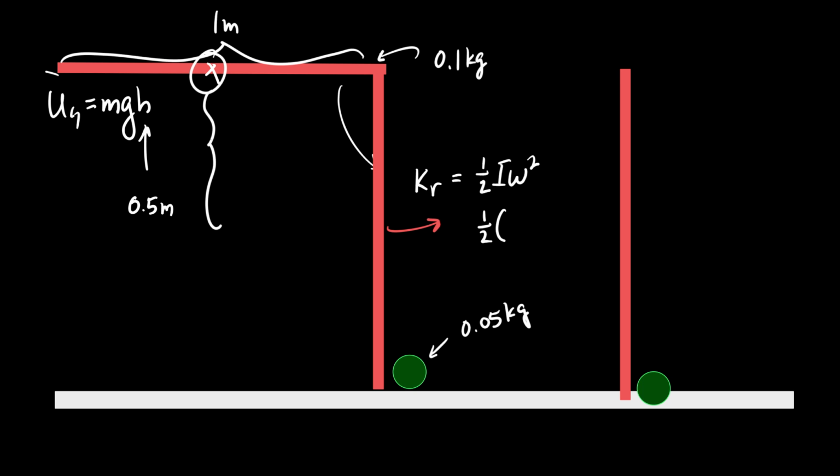Do you remember? 1/3 ML squared. Good job. That all good? See what we're doing here? Now I'm going to set these things equal to each other to figure out the velocity. This is going to equal mgh.